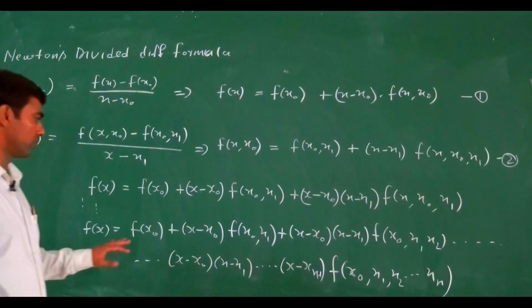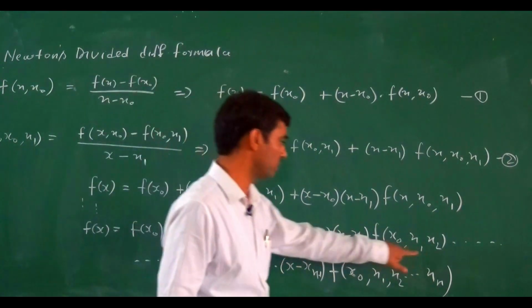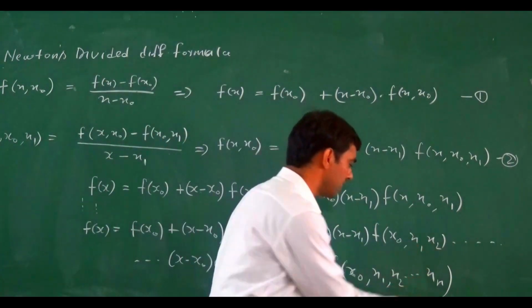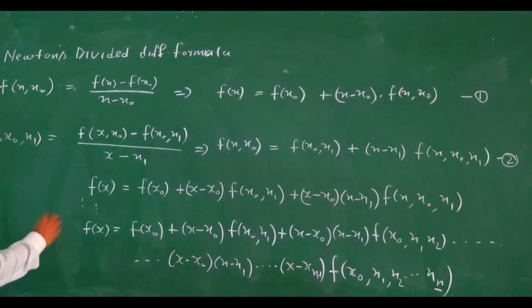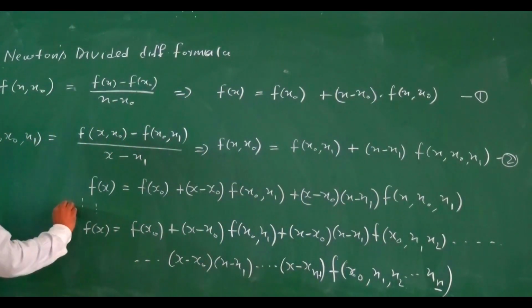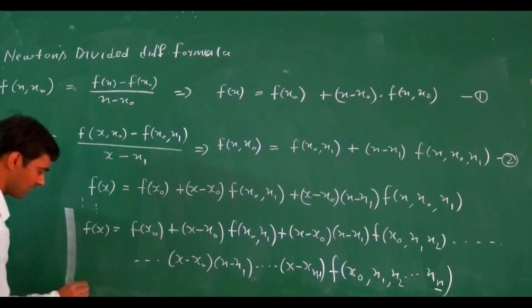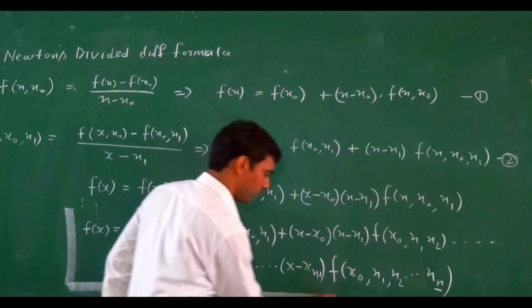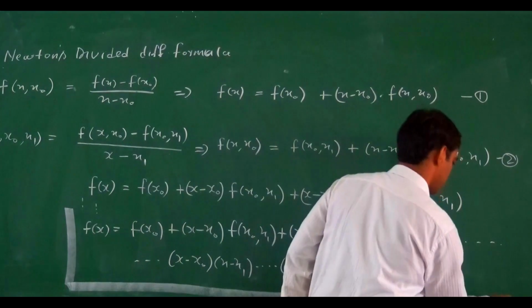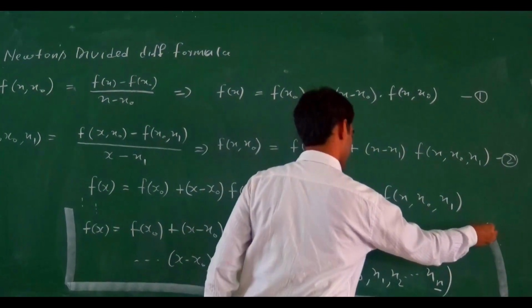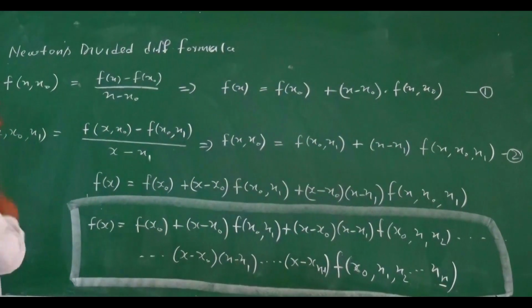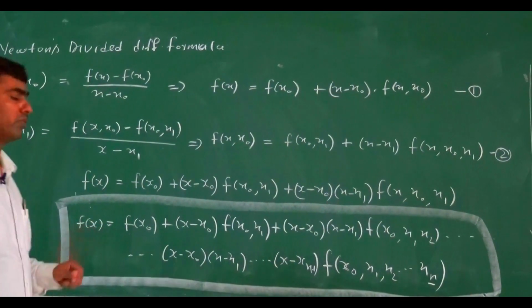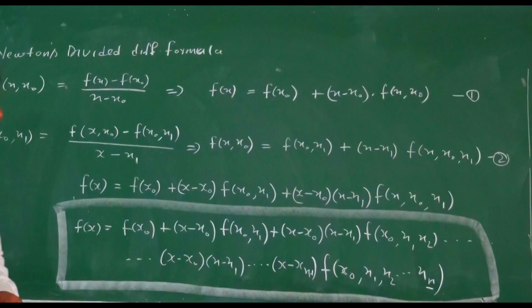So this is the first order divided difference, this is the second order divided difference, similarly this is the nth order divided difference. This is the general Newton divided difference formula.